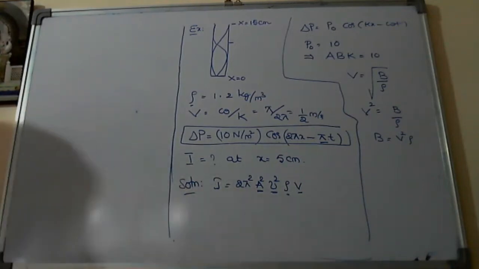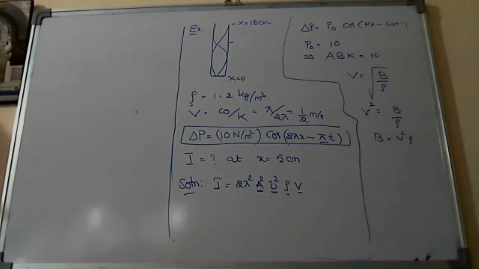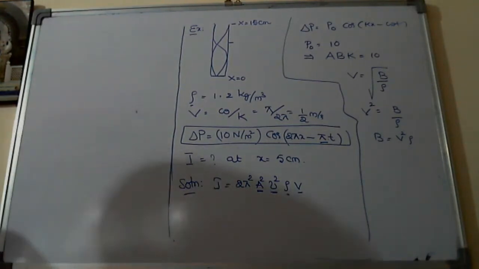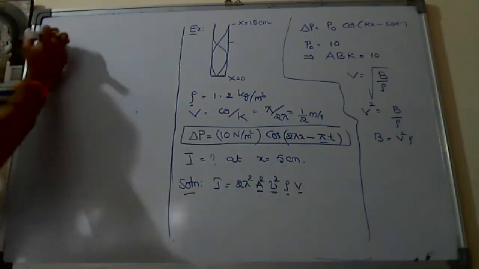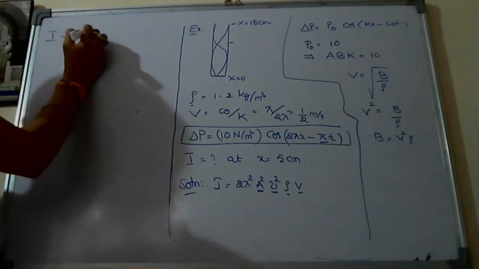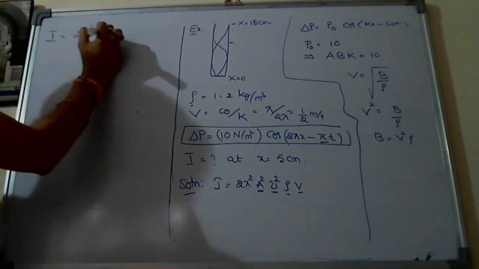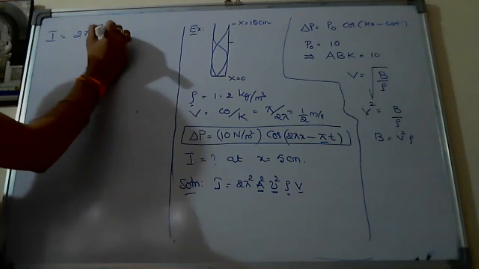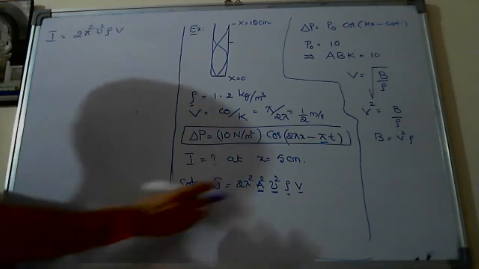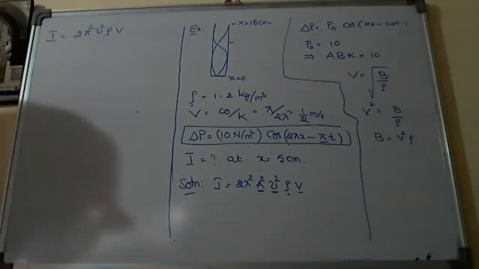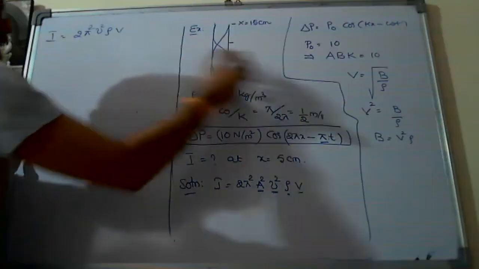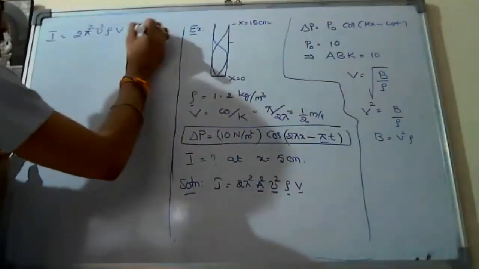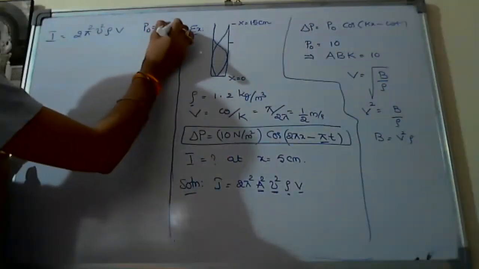Instead of that, will you give straight away how to find the intensity, sir? For that, he is saying, here if I replace 2 pi square mu square rho v into a square, directly if I substitute that, P naught is equal to A B K from this formula.